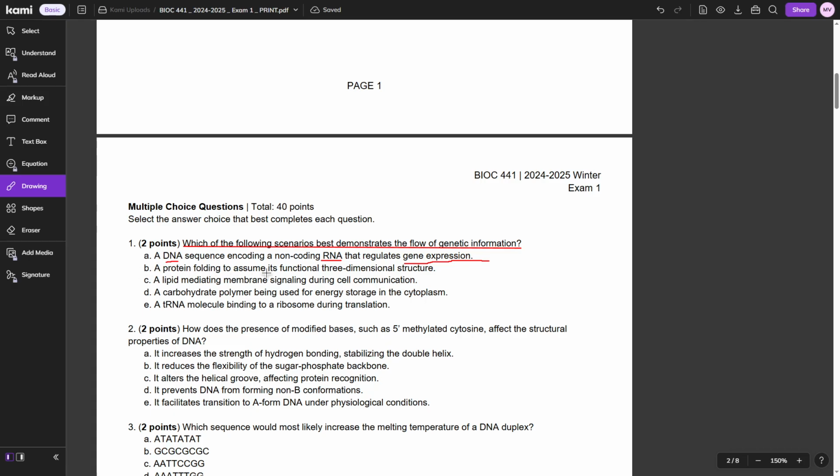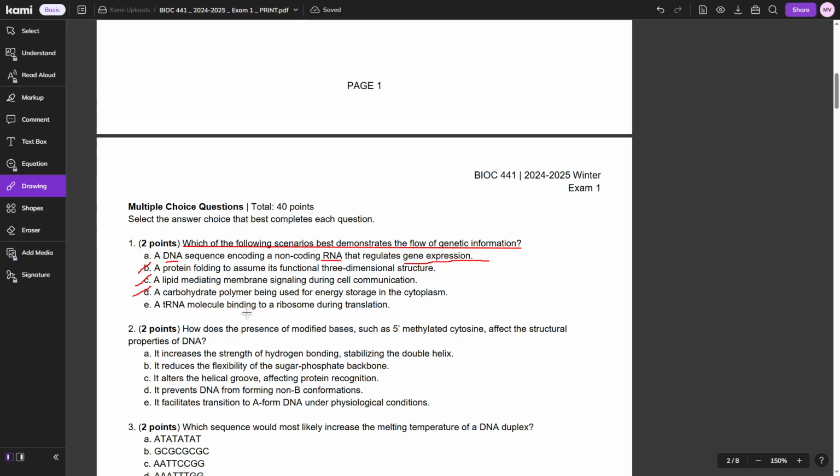Protein folding is a no, because there's no mention of DNA at all, so no DNA to RNA to protein or DNA to RNA to regulation. A lipid mediating membrane signal during cell communication, no, not really about genetic information. Carbohydrate polymer being used for energy storage, no, that's not about genetic information either.